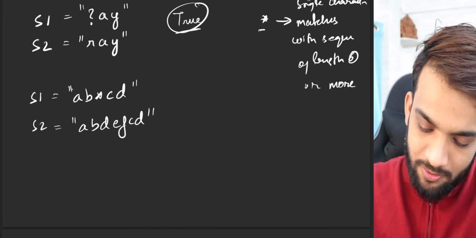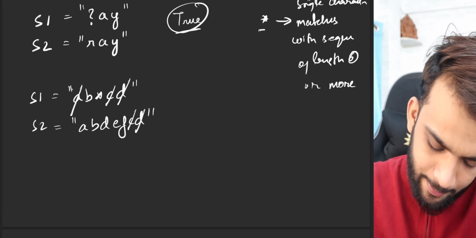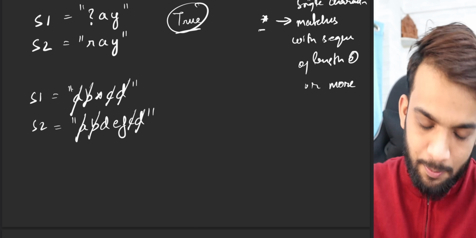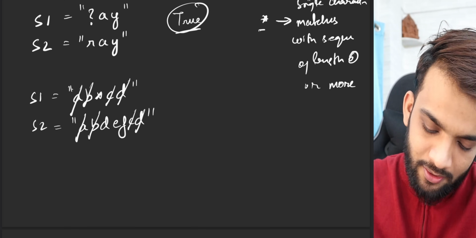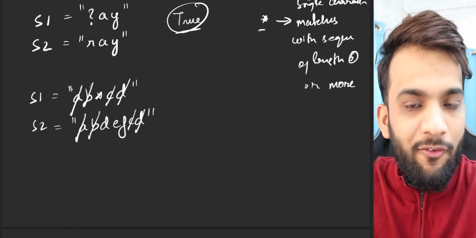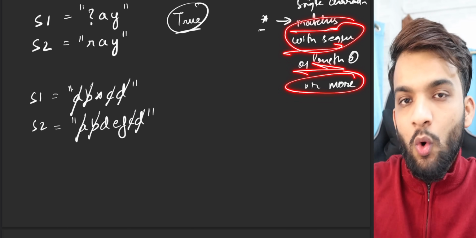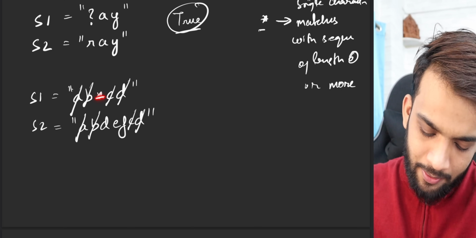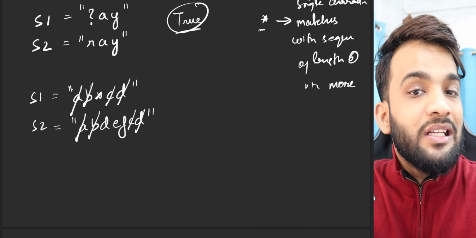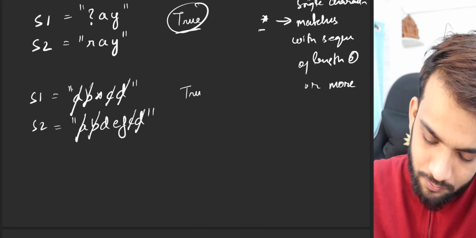So D matches with D, C matches with C, A matches with A, B matches with B. So I can say this star matches with the entire sequence DEF, because it matches with a sequence of length 0 or more. So this is definitely true.